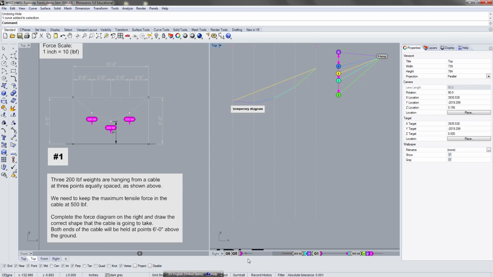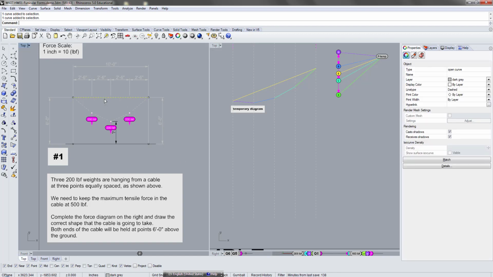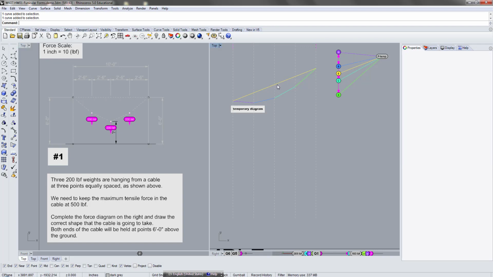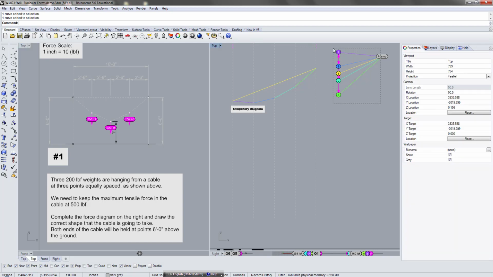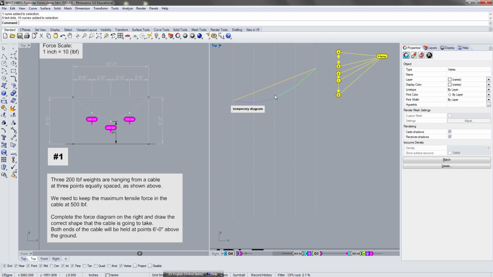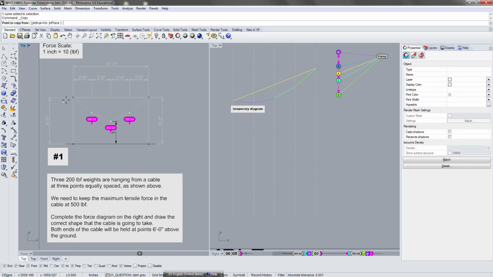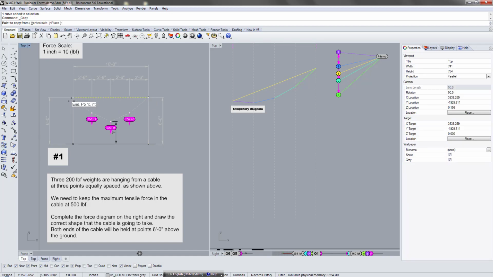what we want to do now is again use some of the criteria that's given here on the left side in order to modify this temporary force diagram and force polygon to match what we need. So first thing we know is that these two endpoints of these funicular curves are on the same exact height, so we know that the top closing line should be a horizontal line.